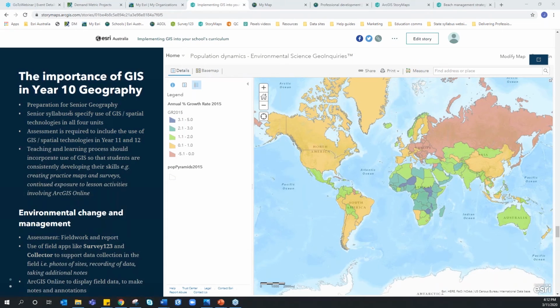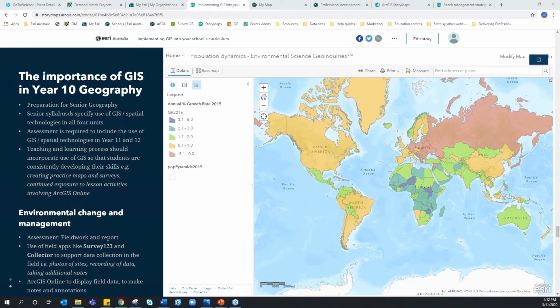Like we began touching on, year 9 and 10 probably more specifically is key in preparing students for senior geography, particularly if they do end up taking that senior subject. As we've specified, the senior syllabus mandates the use of GIS and spatial technology in all 4 units.